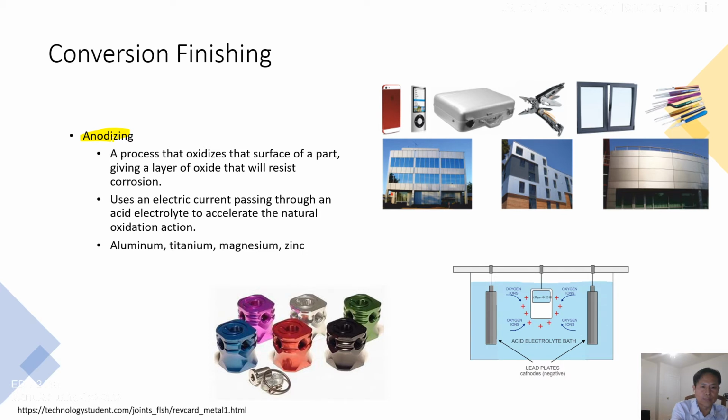Anodizing is a process that oxidizes the part surface, giving a layer of oxide. So I'll explain how aluminium like this is protected from corrosion. Let's say this is aluminium.